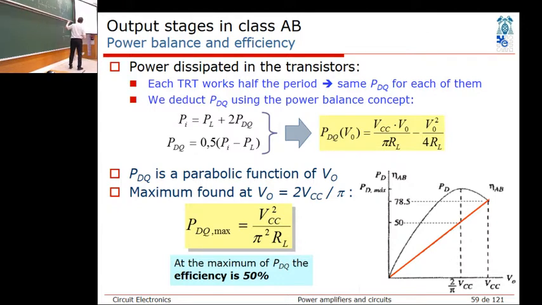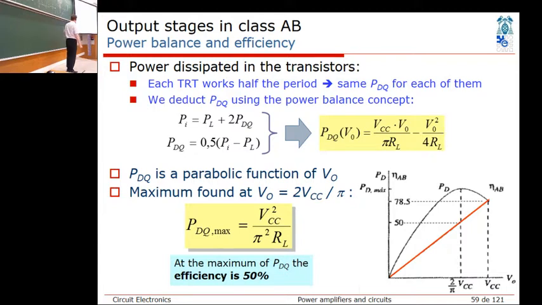And, well, if you make a differential of that one with V0, you find that the maximum dissipation of the transistor happens at that point, which means that when the V0 is 2 over pi times VCC, you have the maximum dissipation of transistor.